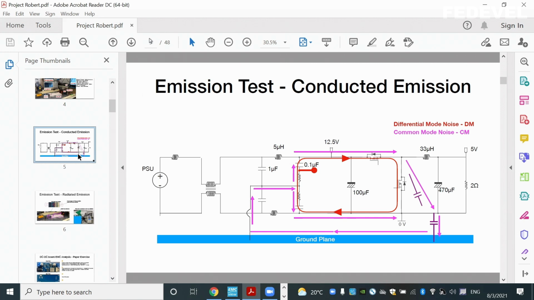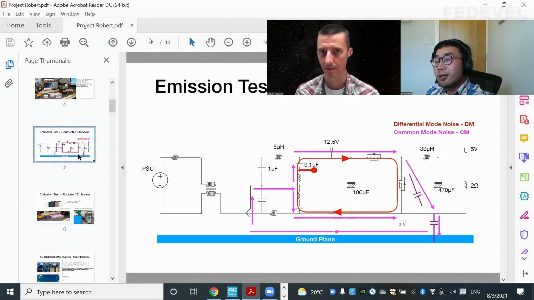EMI stands for electromagnetic interference, so that's more about interference, or just to say emission. And then the other one is the immunity test, which tests just how good you are, as a component yourself, at not being interfered with by other components. And in this case, we are testing the emission.